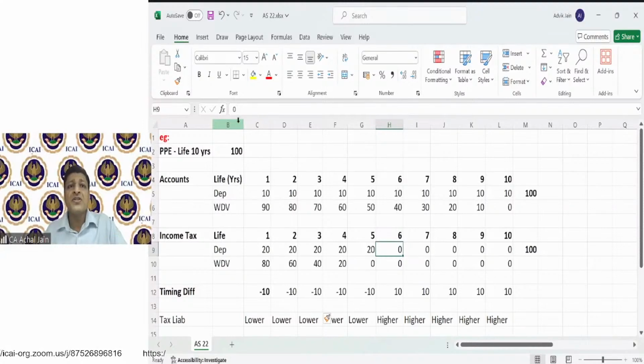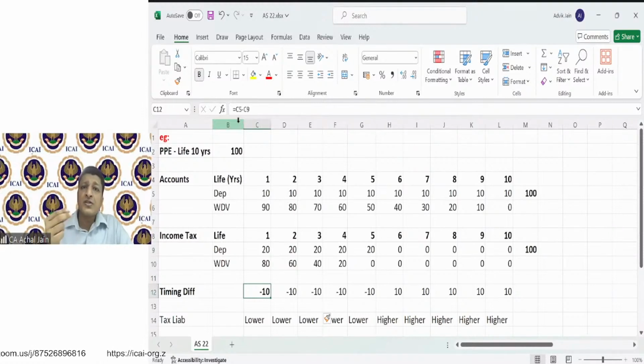So no depreciation is allowed as per income tax. It has become 0. Now the same thing is there in year 7, the same thing in year 8, and this trend continues. Fine. Now, let us try to understand the impact which this sort of situation is going to create.